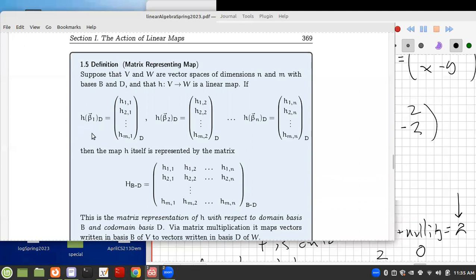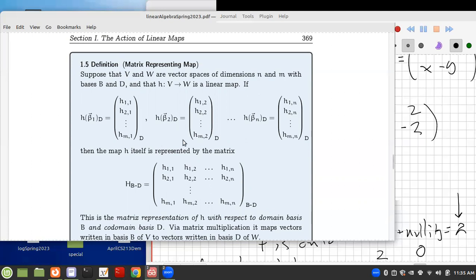Now remember, one of our homework problems was you're given a vector and you want to represent it in a given basis. So when I just compute H of beta 1, it might not be in basis D. So I'm going to have to convert it to basis D, and we'll do that. If I'm given this, then the image of the first vector in the basis B, in the basis D, is the first column of the matrix.